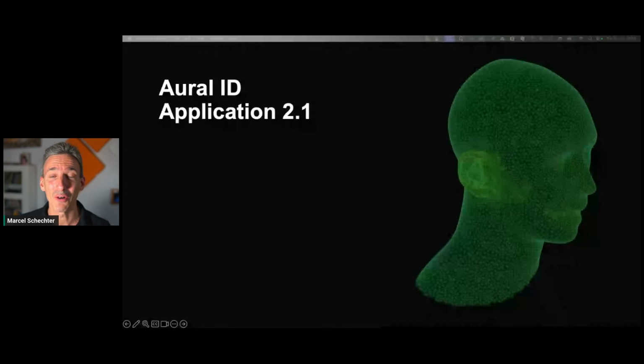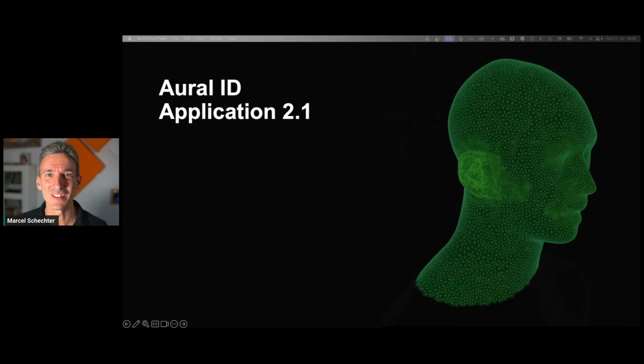Today's topic is Aural ID, and to be precise, our Aural ID application version 2.1. So the recent version of our application that we have launched a few weeks ago. And some of you might know we already had a webinar about Aural ID version 2.0.